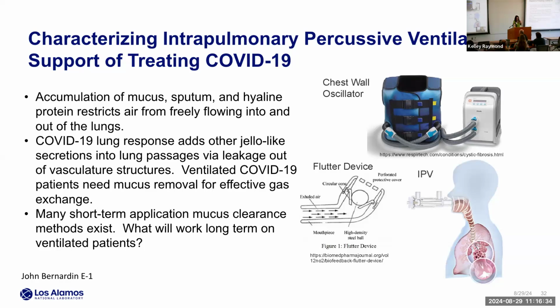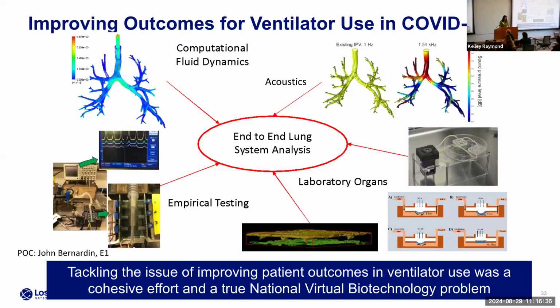We wanted something that was long-term for ventilated patients. We set up an end-to-end lung system analysis where some of the aircraft engineers were doing CFD on a model of the lung that had a tracheal tube down it. We found that nobody had actually done a model with a trach tube.